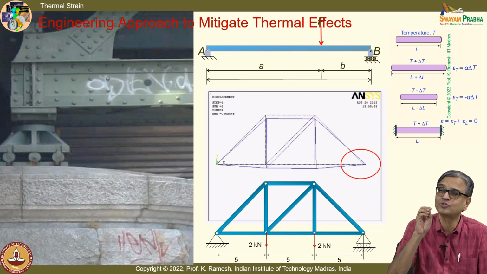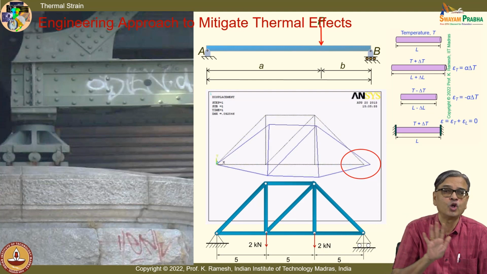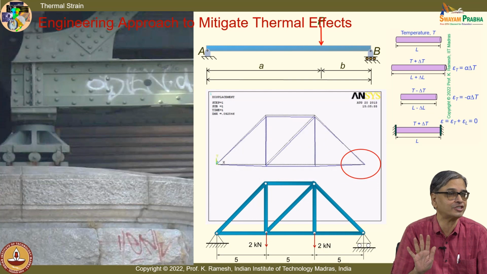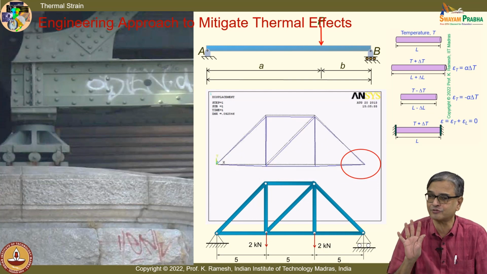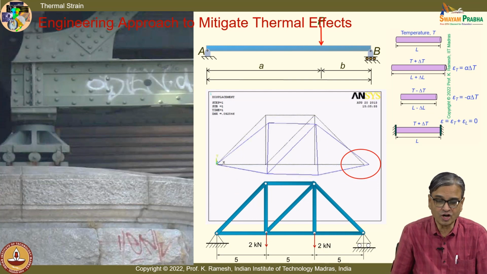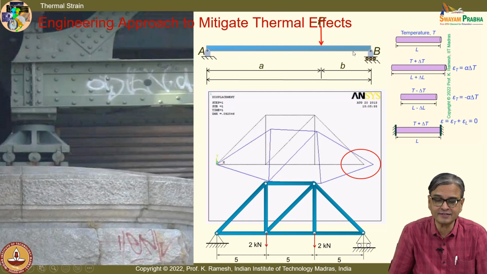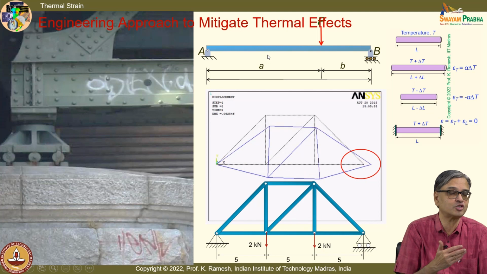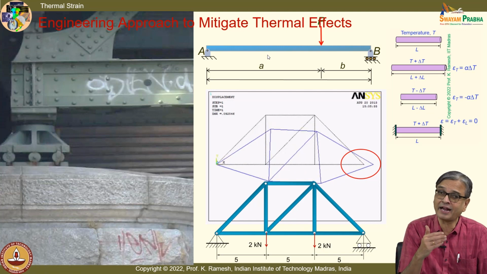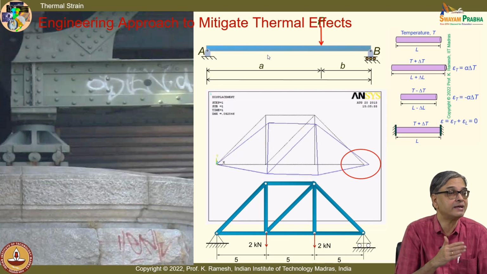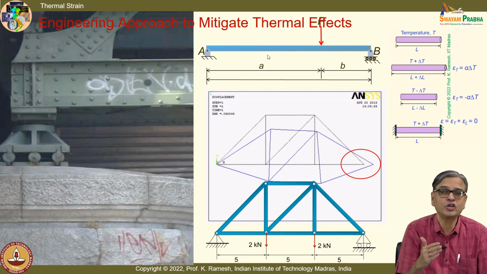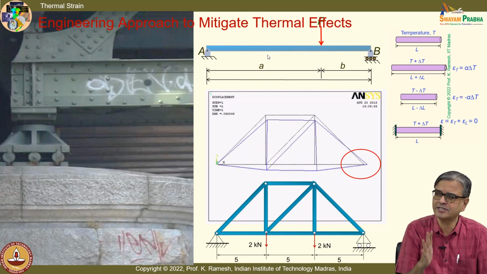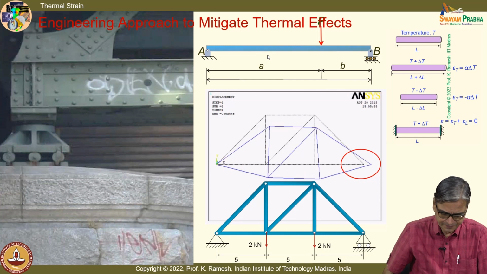As long as you allow the expansion to take place, no harm is done in your structure, no additional stresses are introduced. So, it is not only for simplifying your analysis that you have a simply supported beam, it is statically determinate and you solve the problem. Even in a practical structure, you can mitigate the influence of thermal effects to an extent possible, fine.